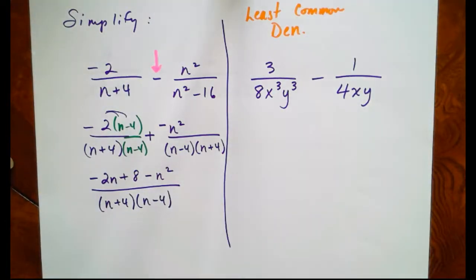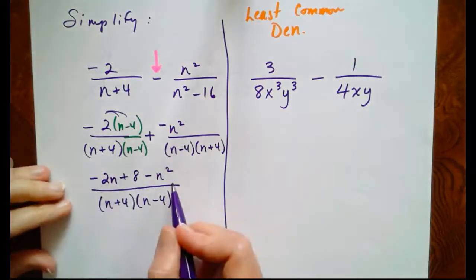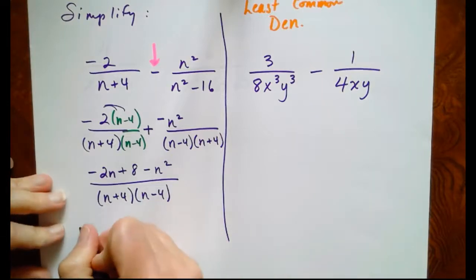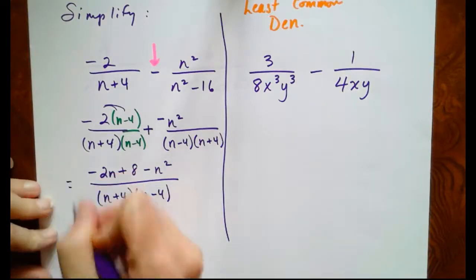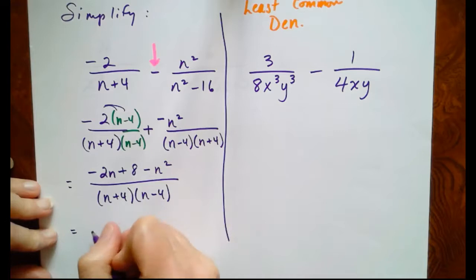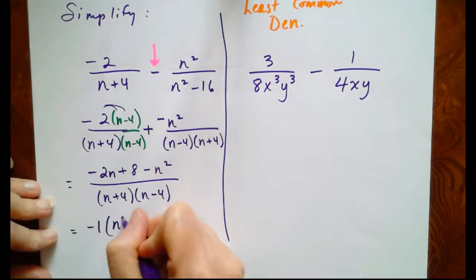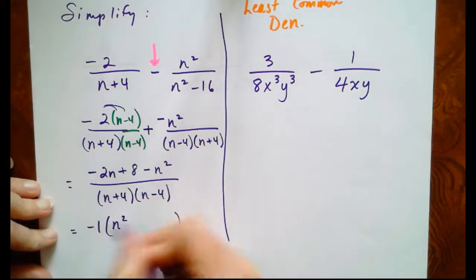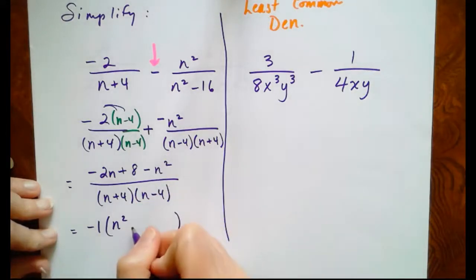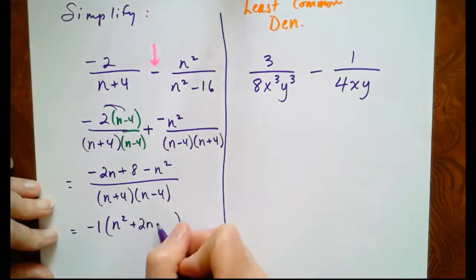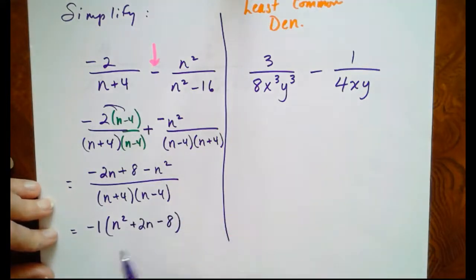Now, it would definitely be best to put the numerator in standard form, which is just going to be in descending order. And I'll also take out that -1 that's right there. So -1, and then n squared divided by the -1, so that would be positive n squared, and then plus 2n, and then minus 8.